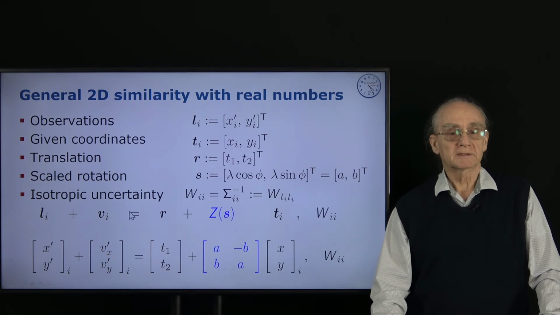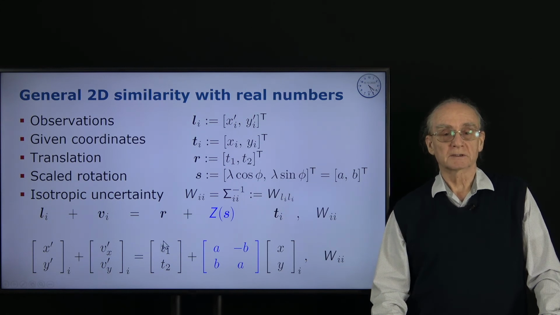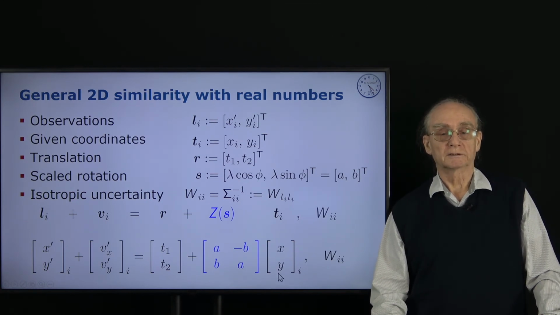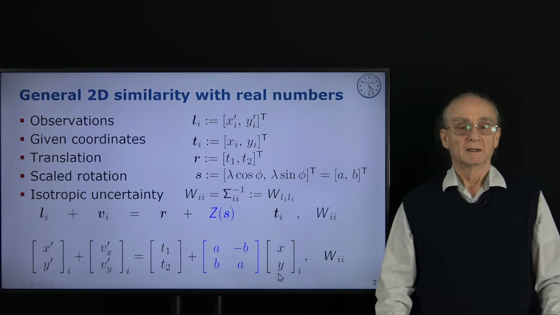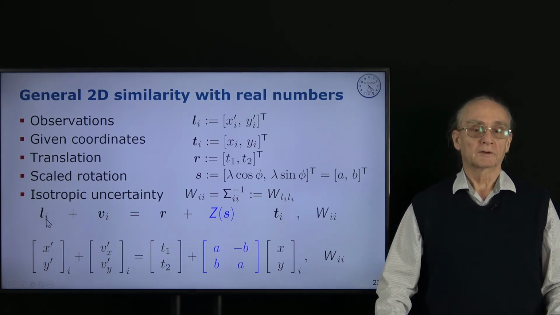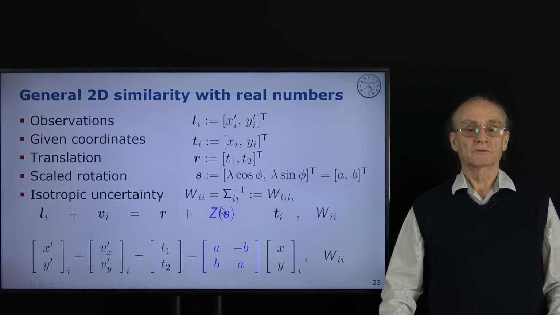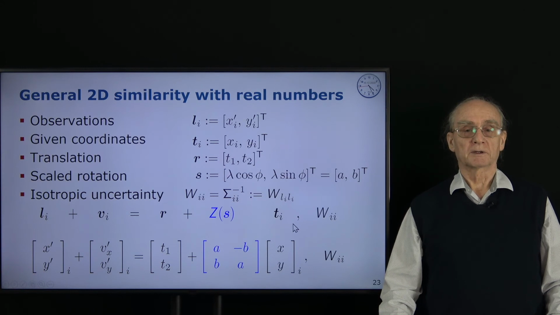Now, if we write this down, I start with this line. We have the given coordinates plus the corrections is the translation plus the scaled rotation multiplied with the given coordinates. So this is what we would expect. And if we write this in vector form, we have here the vector of the observed coordinates pair plus the residuals, the translation part, plus now we use these Z matrices of the vector S and multiply it with Ti.